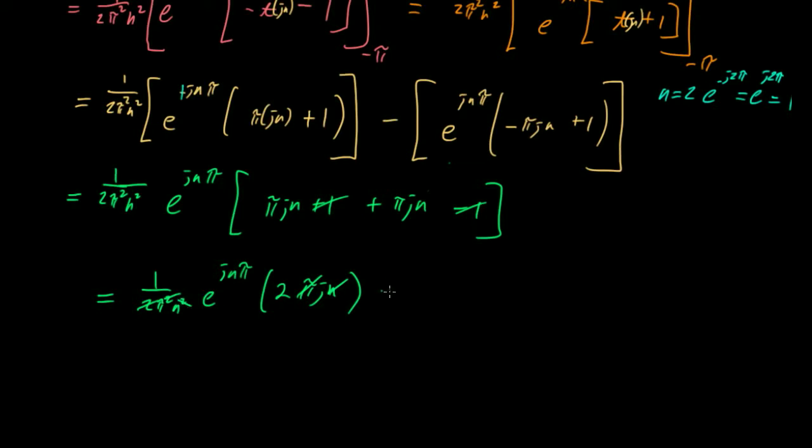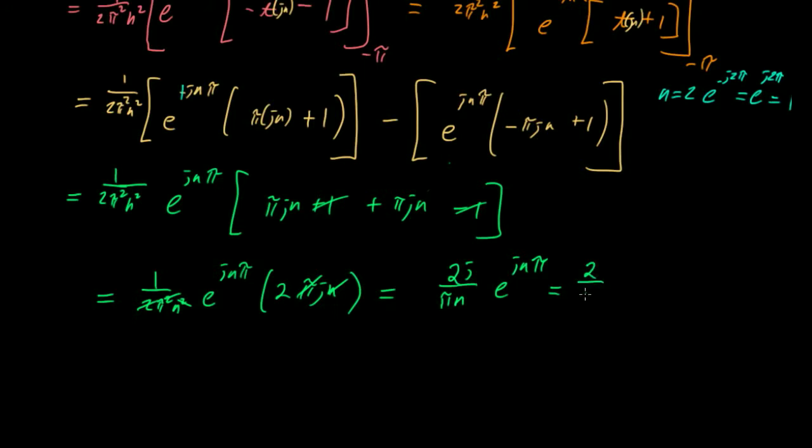So this is now, no, he's talking about this negative, positive 1 outside. So this is negative j pi n minus 1, minus j pi n minus 1.